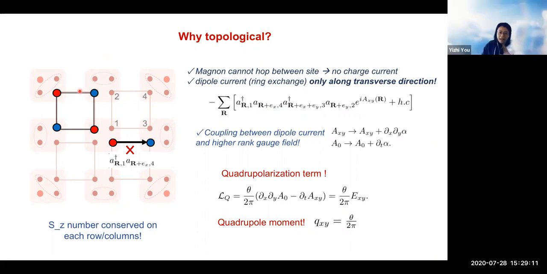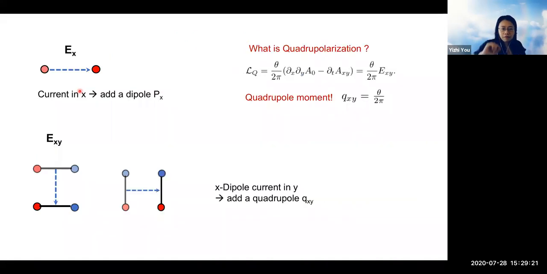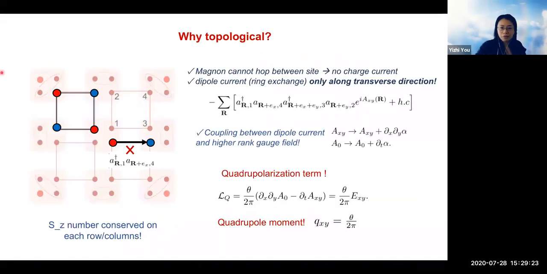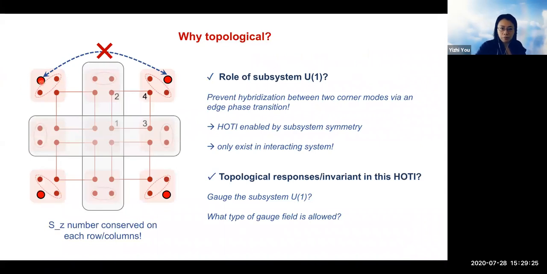What is going to happen is, first, we don't have this higher rank gauge theory because the gauge structure already changed. And then if you just perturb away, it seems that we still have such kind of corner mode. However, if you barely have a time reversal and a global U1 symmetry, in principle, I can hybridize these 2 spin 1/2 modes living at the 2 corners via an edge phase transition.